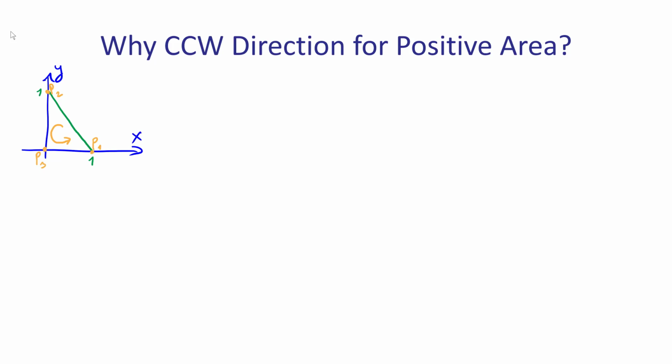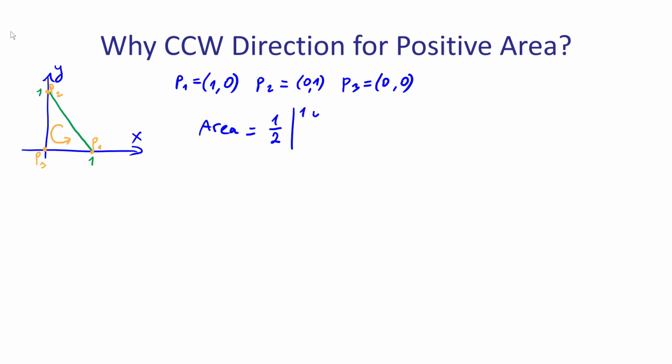In that simplest case, we can write that P1 equals (1, 0), P2 equals (0, 1), and P3 equals (0, 0) coordinates, and the area, which is defined by the determinant, is 1/2 times the determinant with rows 1, 0, 1, so it's P1 point with 1 at the end, P2, 1, and P3, 1.